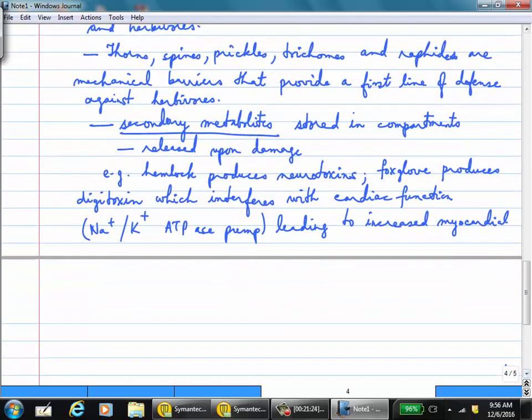And these molecules produced by these plants also have medicinal value, because if somebody is suffering from congestive heart failure, you can give them medicine made from this. That's going to alter the activity of the sodium potassium ATPase, leading to increased myocardial contraction.